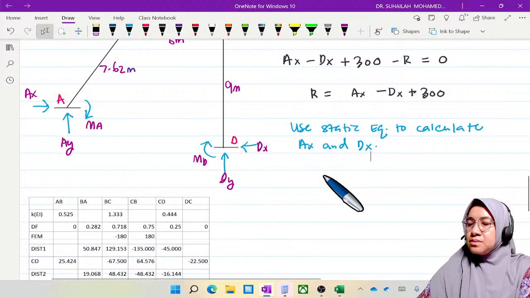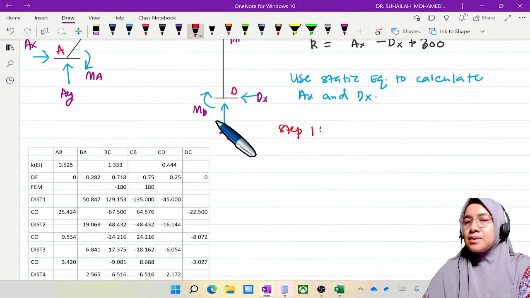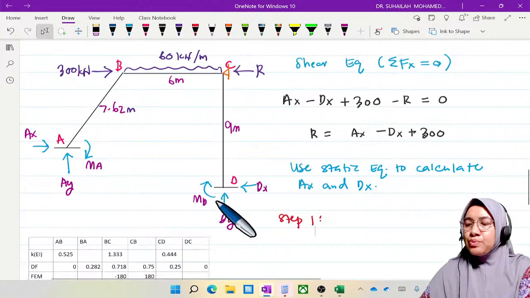Okay, step number 1 to calculate Ax and Dx. We analyze element CD.